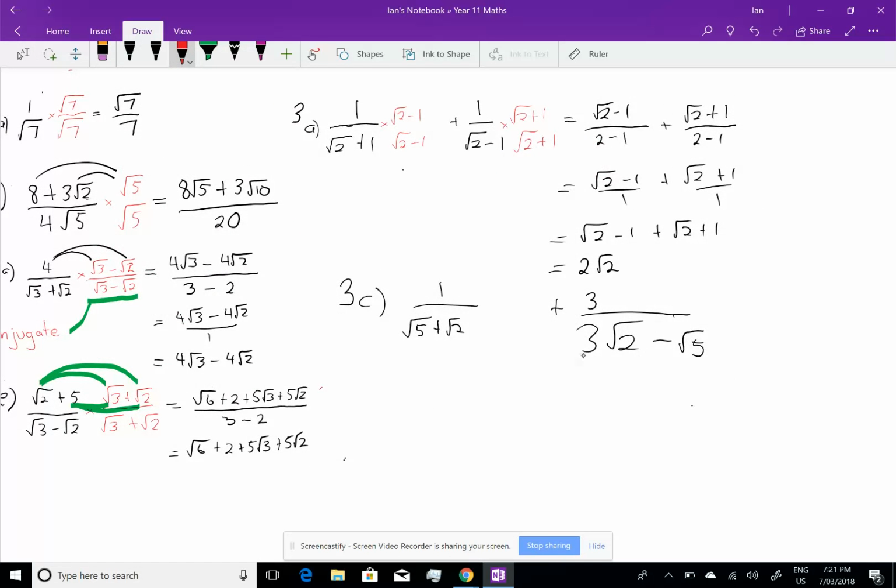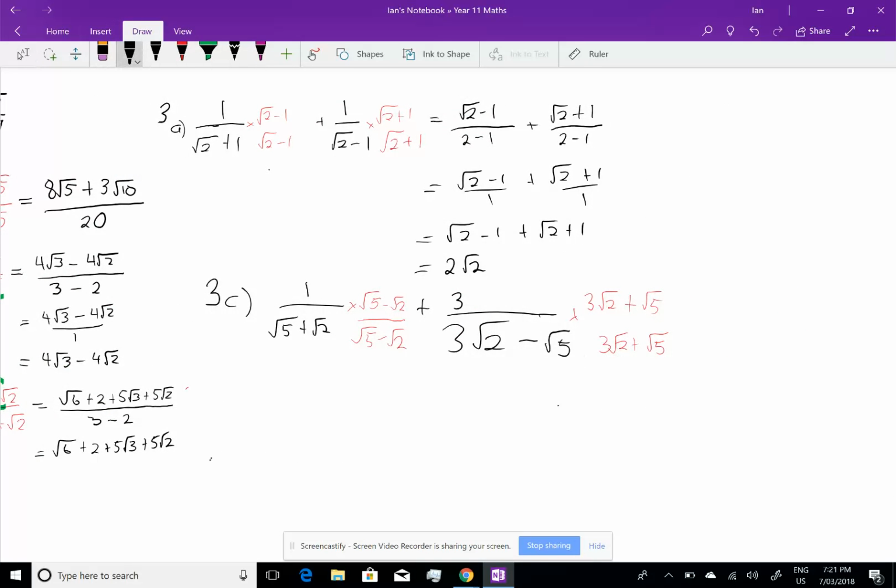Multiply by the conjugate, root 5 minus root 2 on root 5 minus root 2. And the conjugate here, 3 root 2 plus root 5 and 3 root 2 plus root 5.